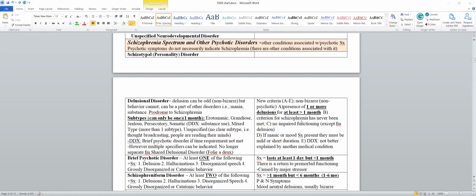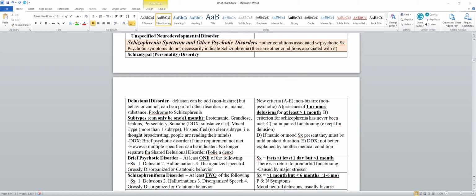They've never been diagnosed with schizophrenia. There's no impaired functioning. If manic or mood symptoms are present, they must be mild or short in duration. And differential diagnosis, not better explained by another medical condition. So that's A through E.